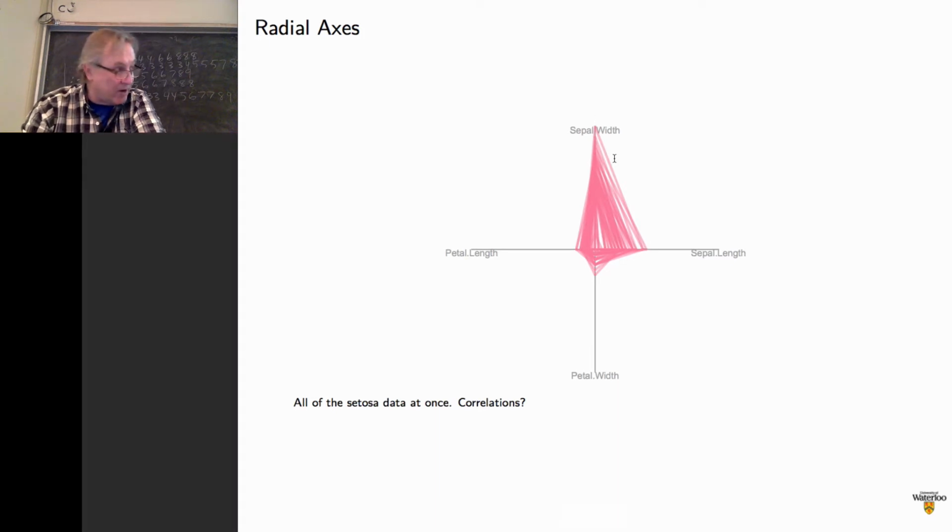Did you ever do that string art when you were a kid? You should see some kind of curvature here. So this looks like there may be a bit of a negative correlation here. We want to see high with low, low with high. And if they were perfectly correlated, you'd see a beautiful little curve.